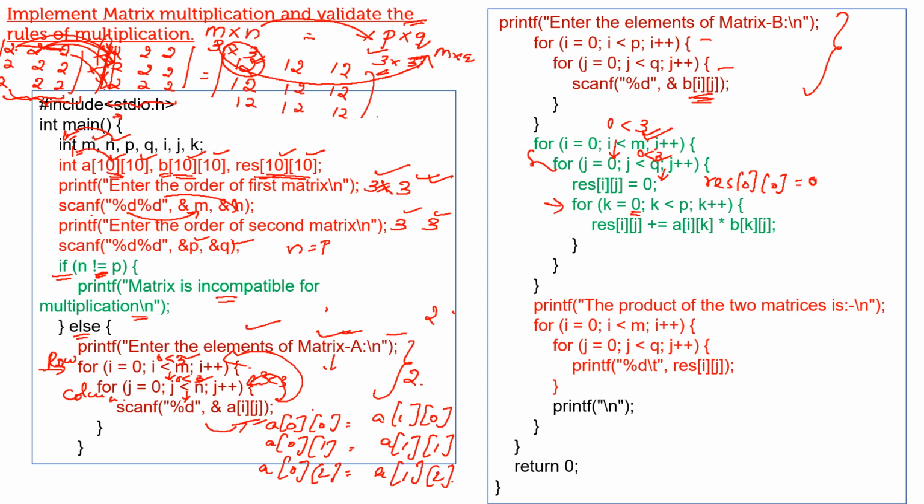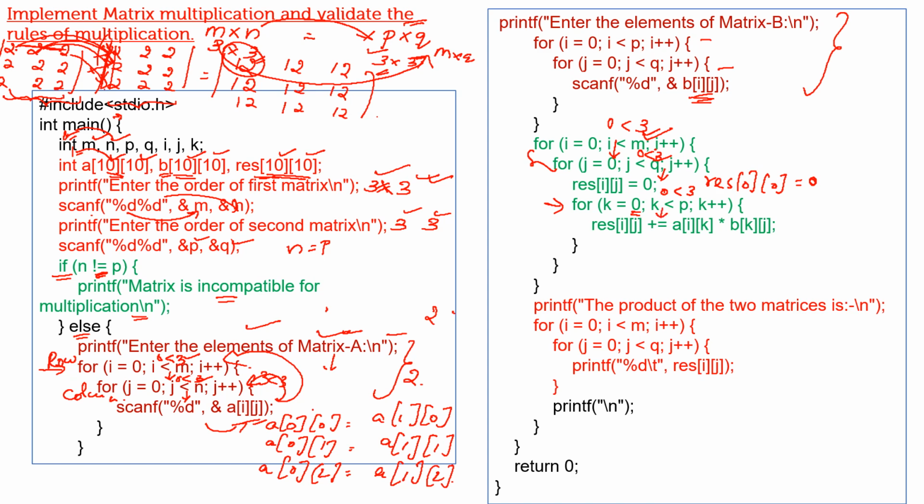First element is initialized to 0. Okay. Now for k is equal to 0, k less than p. So whether 0 is less than p, which is again q, the number of rows of your second matrix. It can be equal to n also, no problem. Okay. So k is equal to 0, whether 0 is less than 3. Yes, it is true. It enters into the loop.